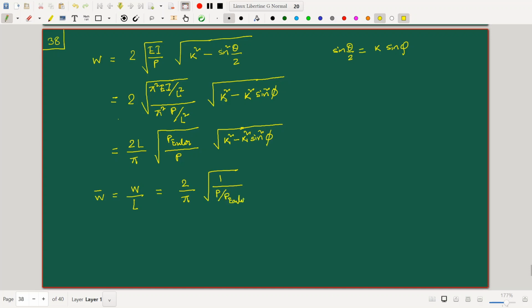I'm trying to write it in a fashion which will help me to directly code it up in Jupyter notebook.